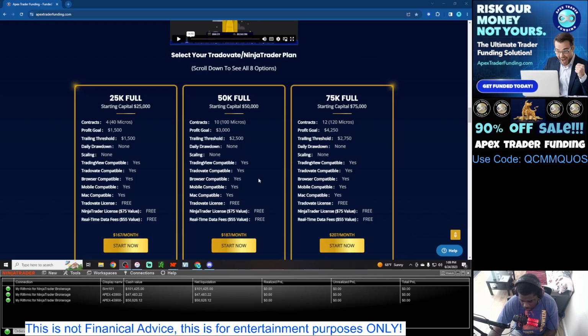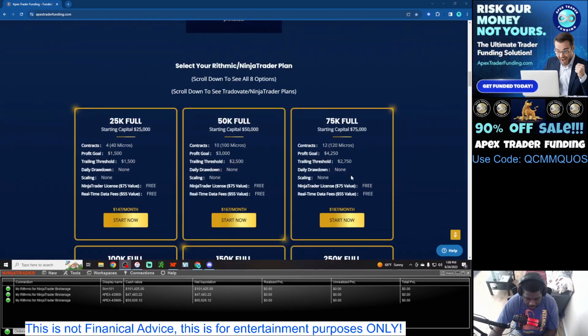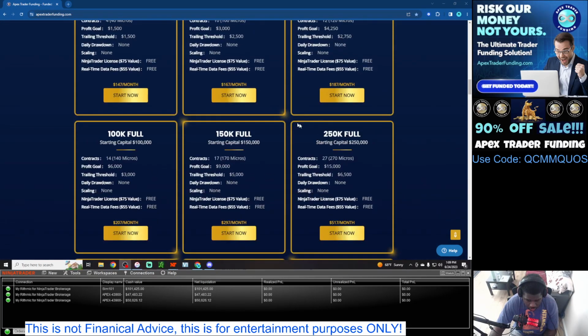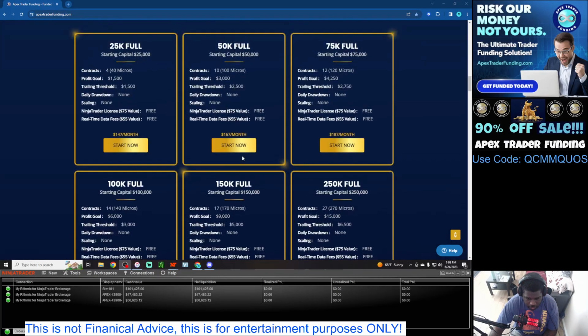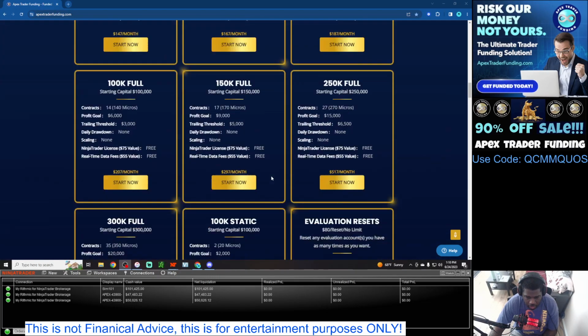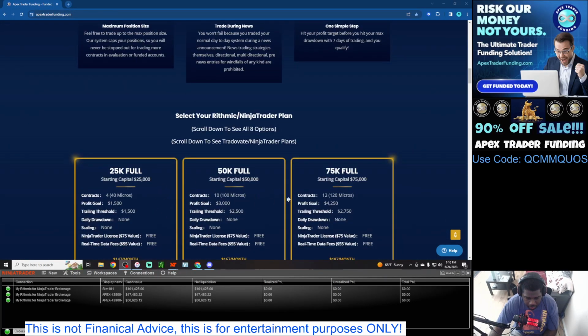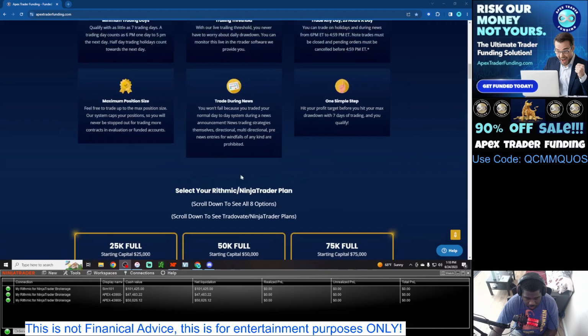You don't have to download another program to use Windows; you can actually trade on the Tradovate platform. These accounts are all different when it comes to your full accounts and your static accounts. Your evaluation process is not that difficult. They pretty much are self-explanatory when you read the accounts, but we'll go into that briefly in a moment.